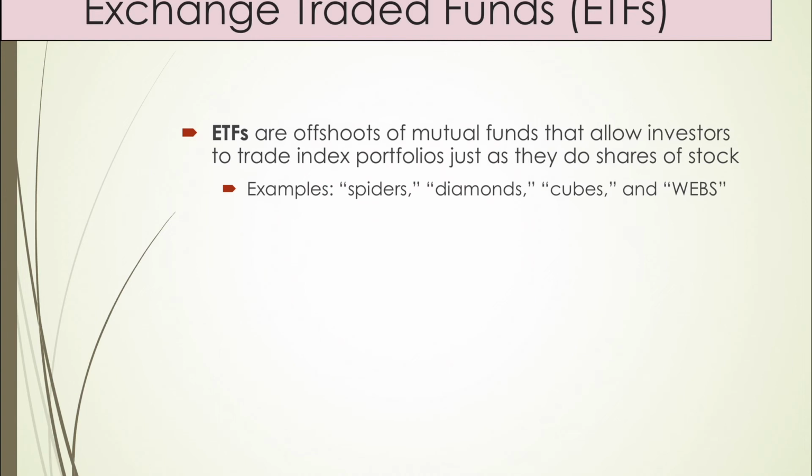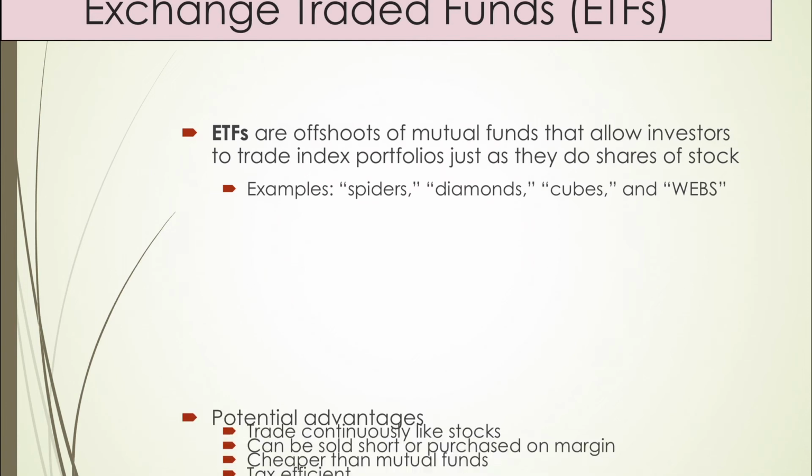With ETFs, it used to be that they were required to track specific indexes, like we mentioned previously, S&P 500, Dow Jones, etc. But in 2008, now you can go after ETFs that have specific objectives, so they could be growth ETFs, value ETFs, etc. But they are very similar to mutual funds, except that you are able to trade these ETFs similar to a share of stock.